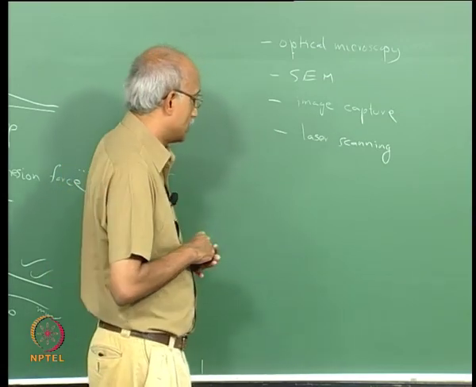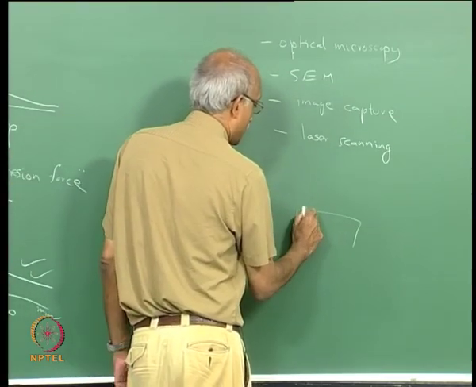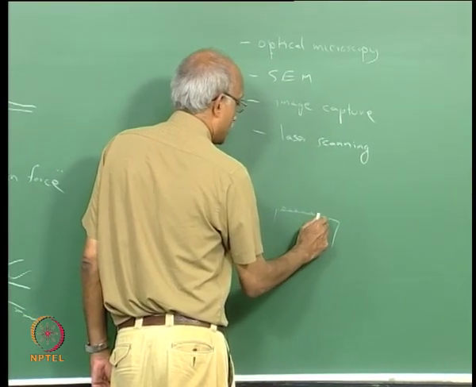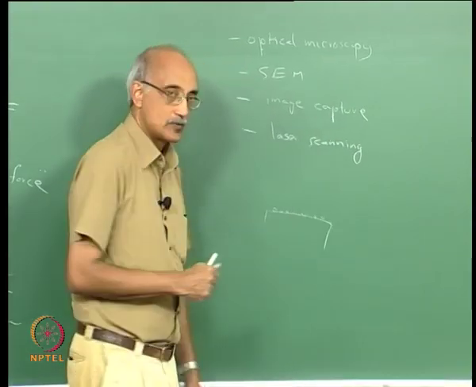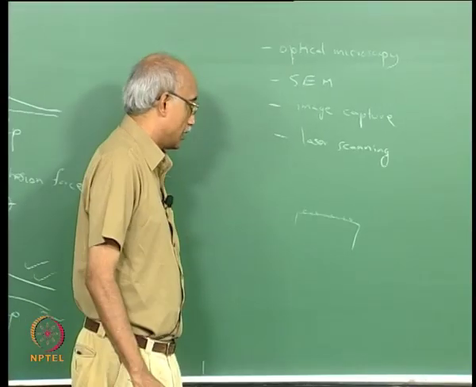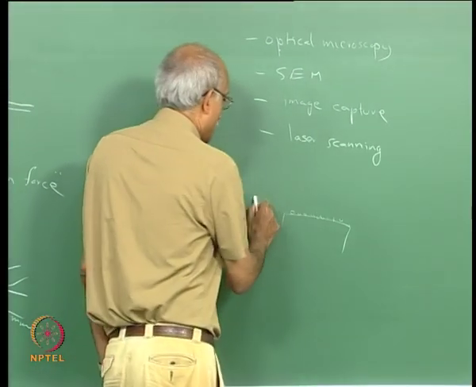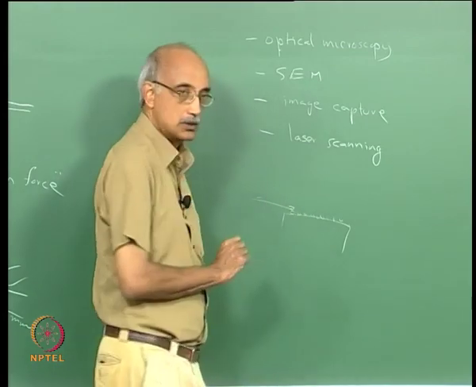For example, let us say that this is your wafer, and on this you have deposited a known number of particles of a known size distribution, and now you want to apply a force to remove the particles.